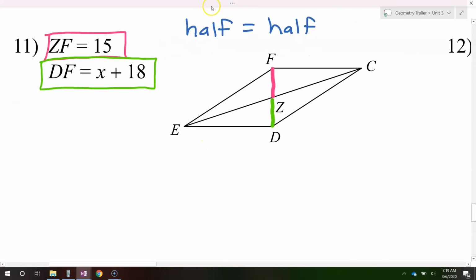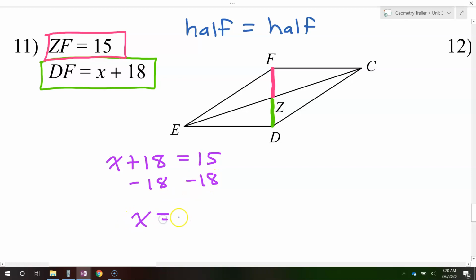So that means that the green should equal the red. So in other words, x plus 18 should equal 15. If I subtract 18 from both sides, of course, I get -3. So x is equal to -3.